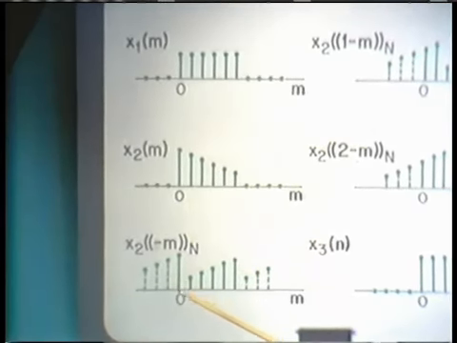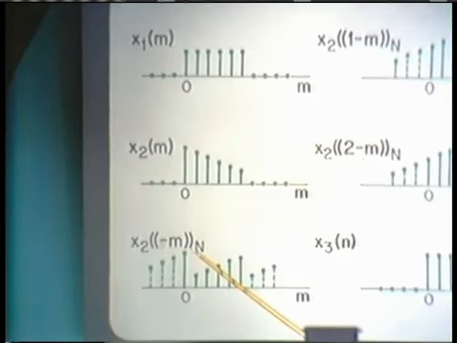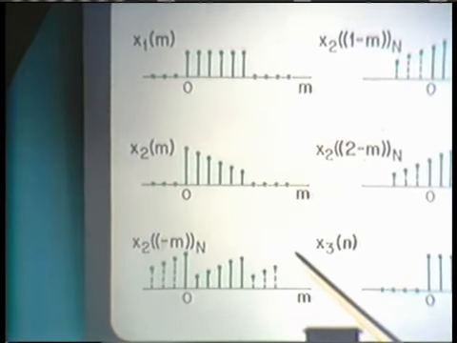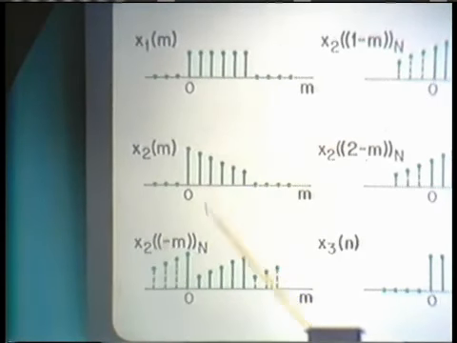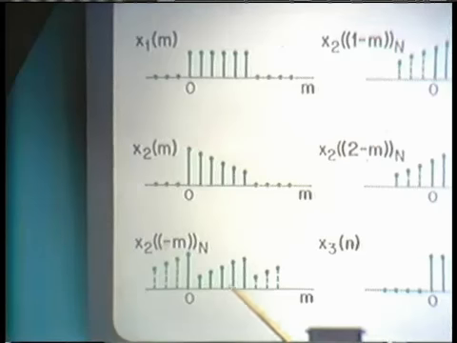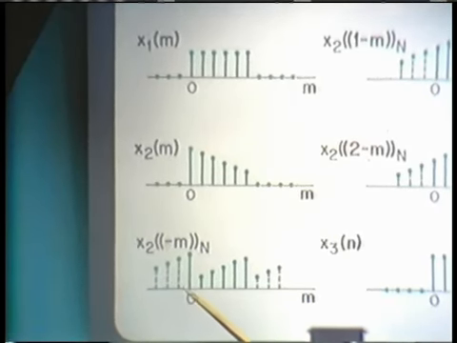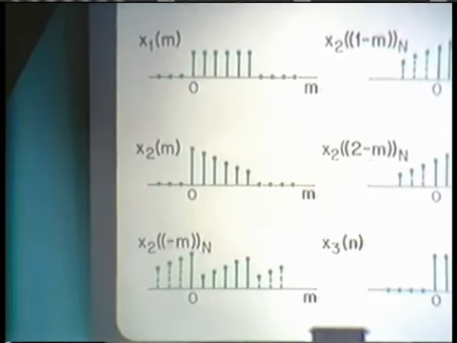So first of all, here we have x2 of minus m taken modulo capital N, and what that corresponds to is flipping x2 of m over and then repeating it periodically. The periodic replicas I've designated here with dashed lines so that we focus completely on the interval 0 to capital N minus 1.